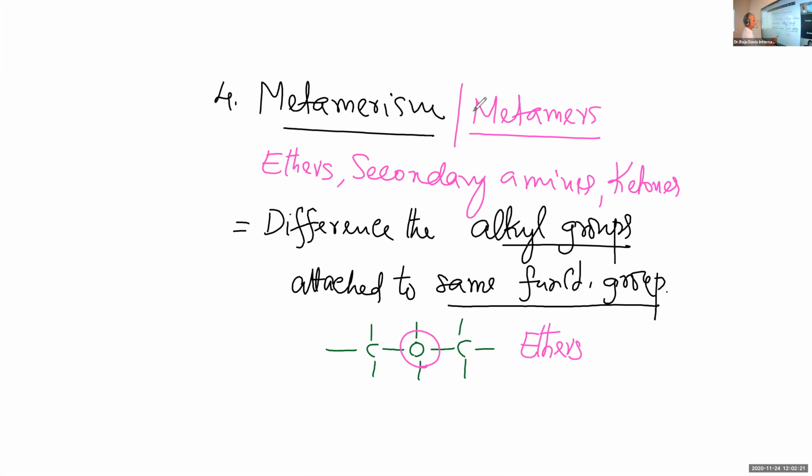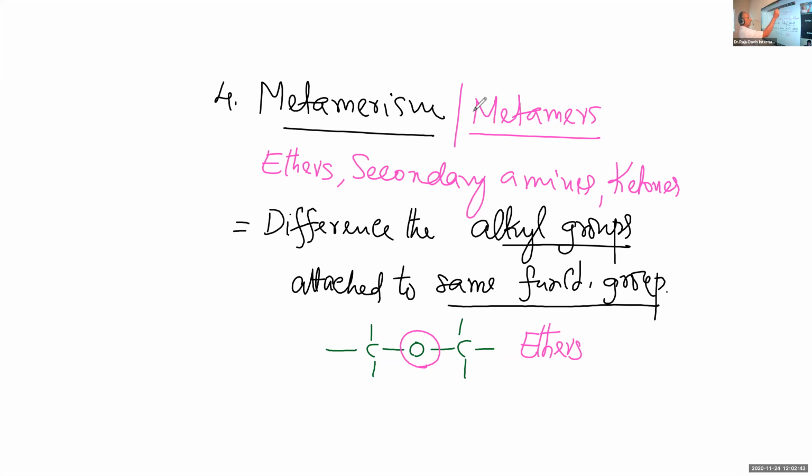Oxygen valence is equal to 2 only. So there is an oxide linkage between two carbon atoms, and such compounds are called ethers.